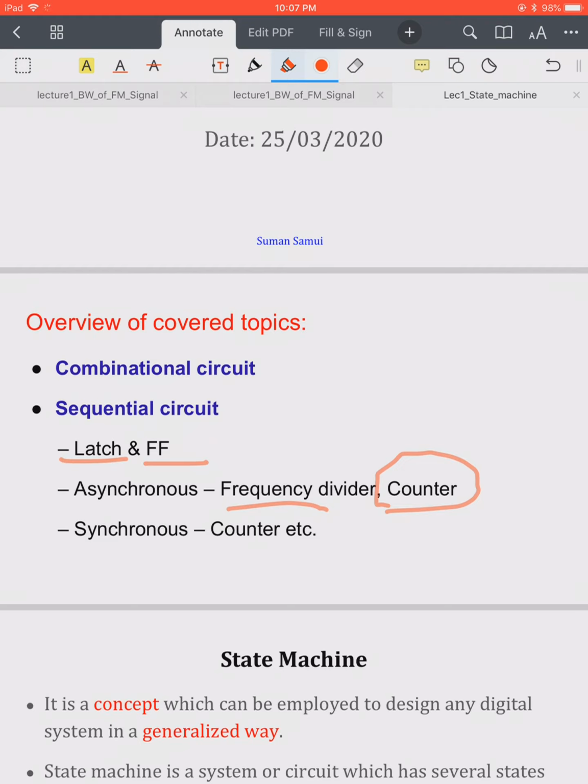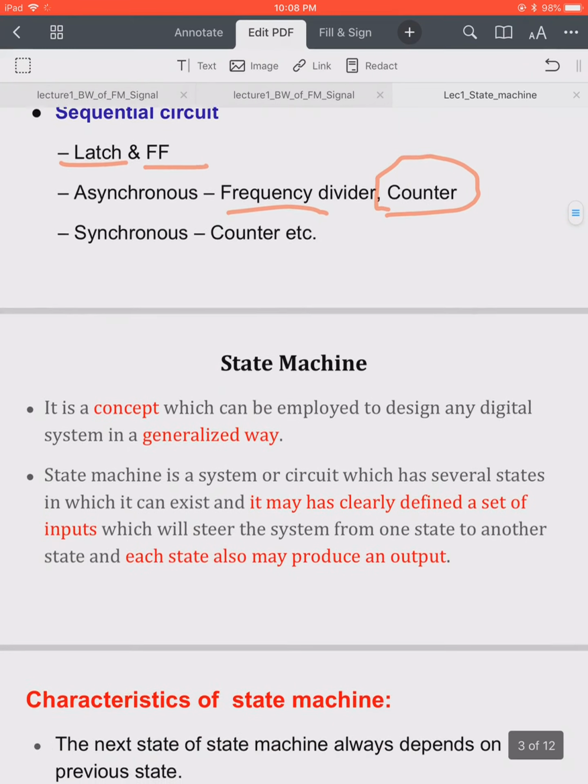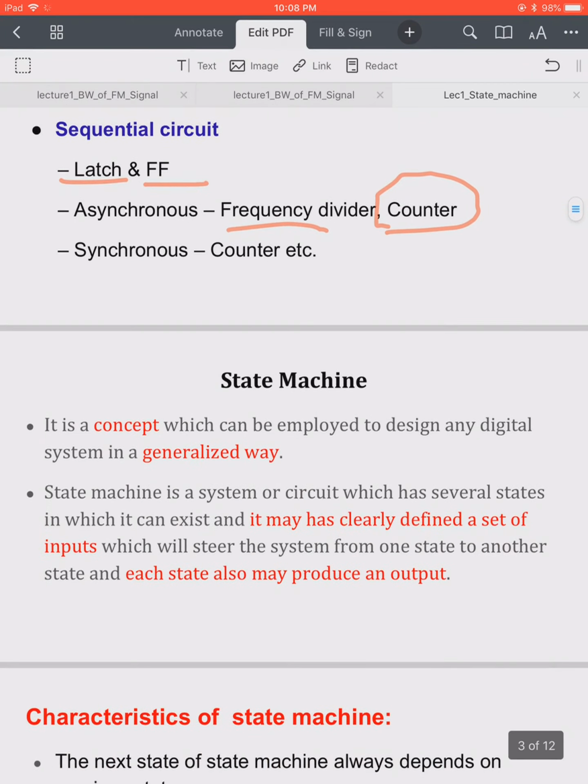So let's start today's topic, that is the state machine. State machine is a concept which can be employed to design any digital system in a very generalized way.